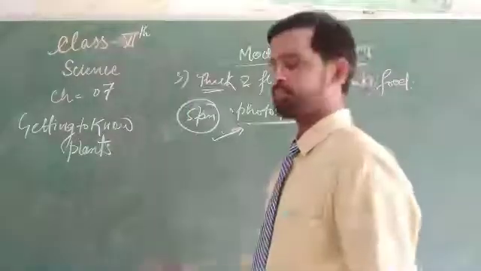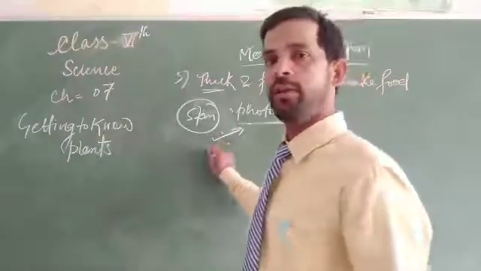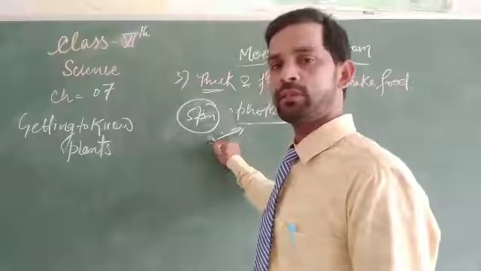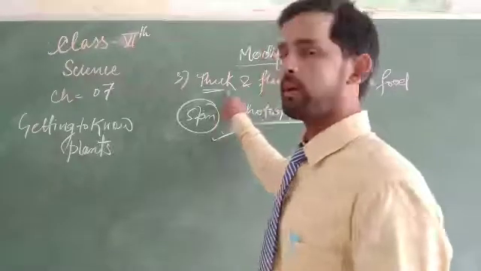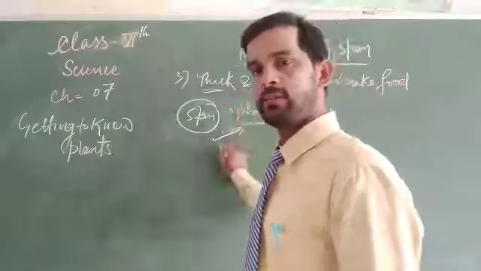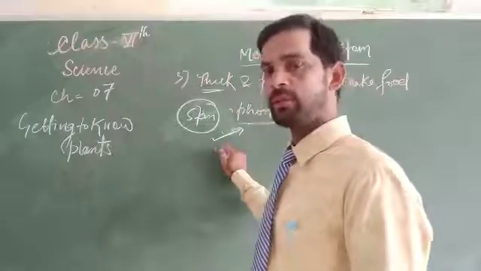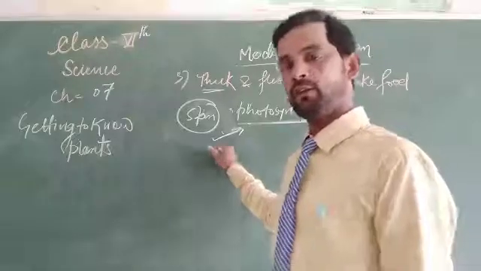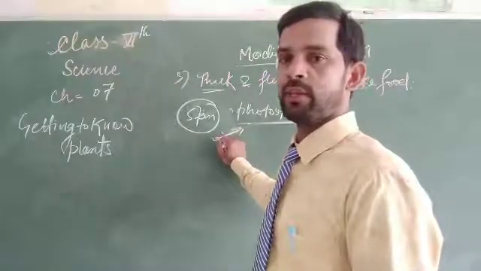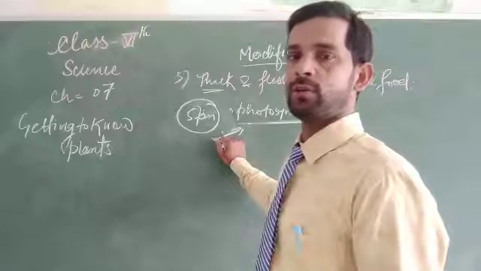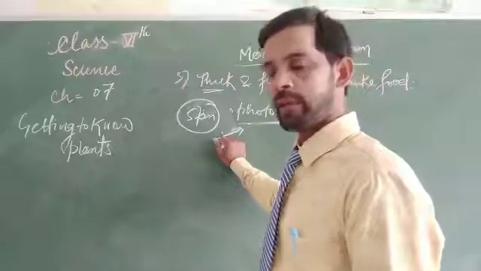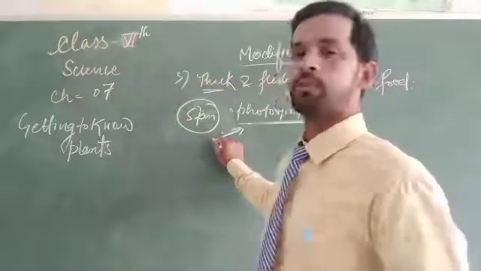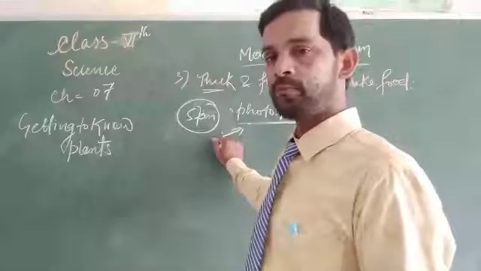Here the leaf is absent, and in the absence of a leaf, the stem gets modified into a thick and fleshy stem, and that is green as well. Because there is no leaf, the stem acts as the photosynthetic resource. So photosynthesis can take place through the stem.